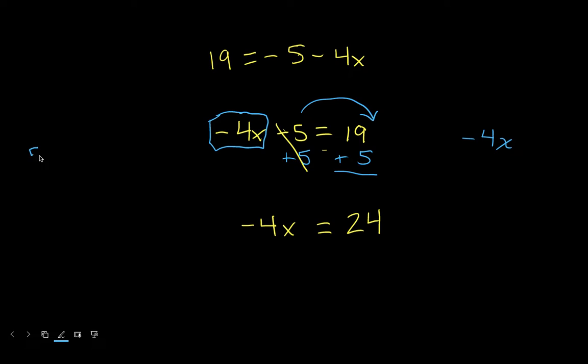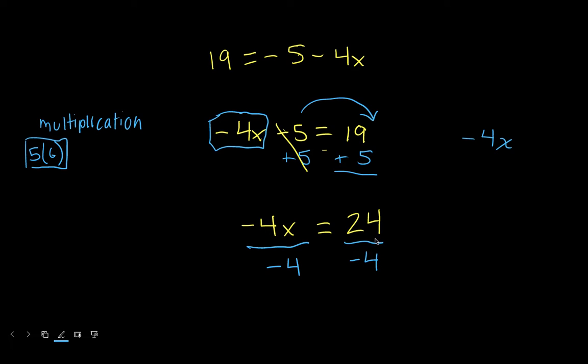So if we had 5 and then a 6, this is multiplication. So we're going to do the opposite of that, which is dividing. And we're going to divide by negative 4.